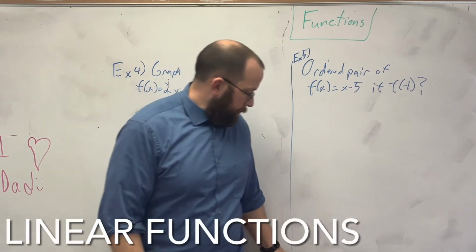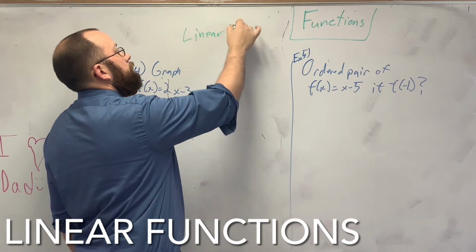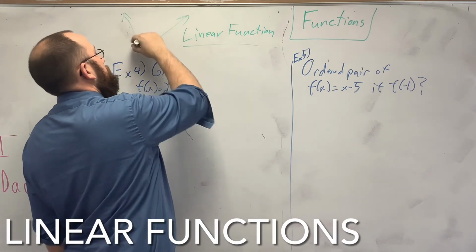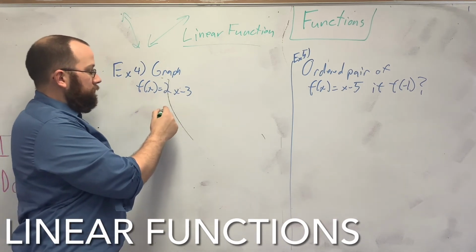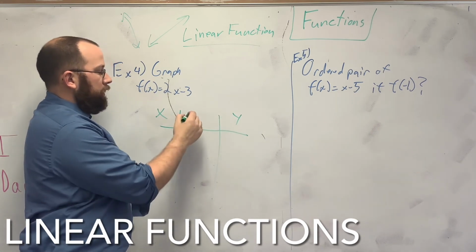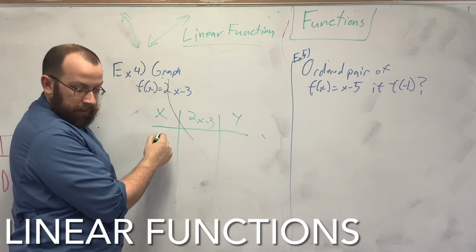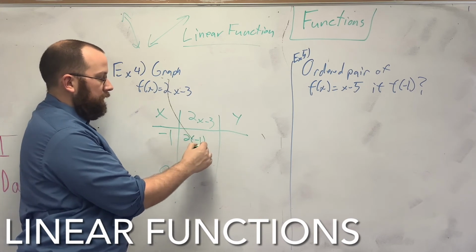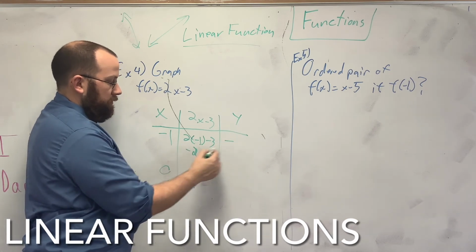All right, 2 more examples, but these are of linear functions. So in a linear function, you have a straight line. All right, so this wants you to graph it. We're going to make a table here. So x, y, with the function in the middle. So all this is just basically showing you how to plug stuff in. So -1, plug it in. So 2 times -1 minus 3, -5.